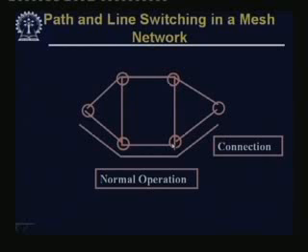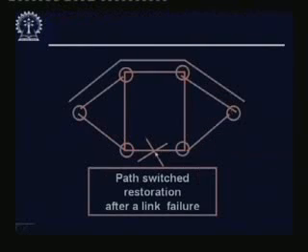So, let us look at some diagrams once again. Say this is a mesh network, naturally, once again the same 6 node network, and this is the normal operation, that is the communication from node 1 to node 6. Now, there is a link failure over here.